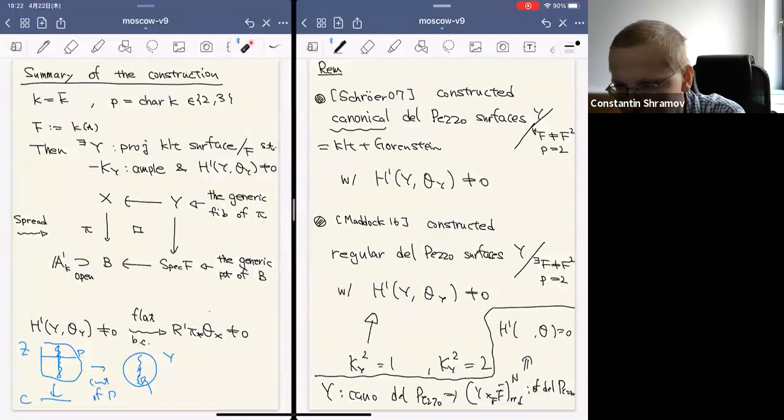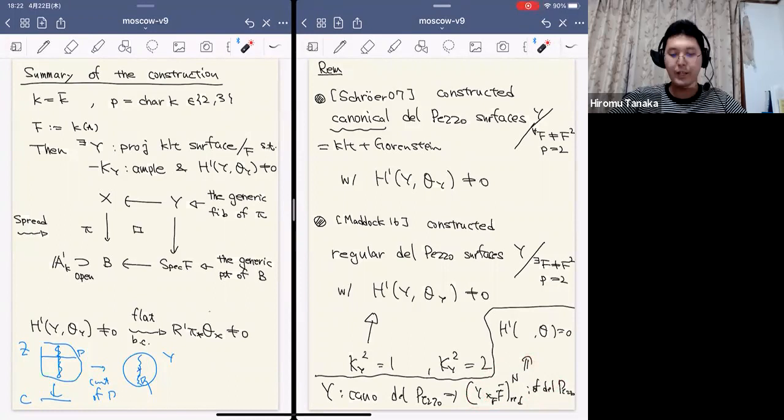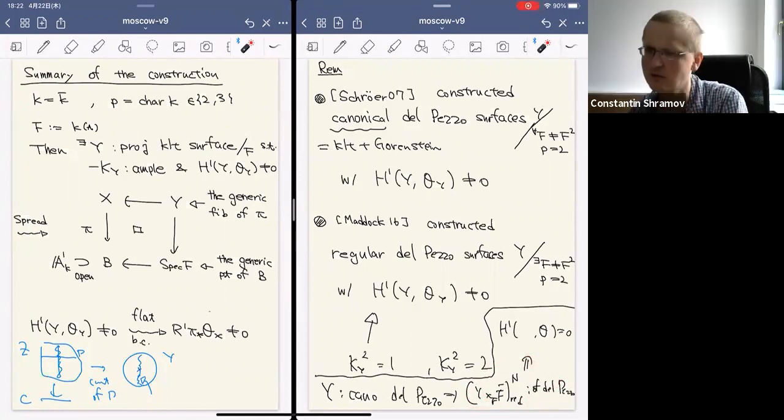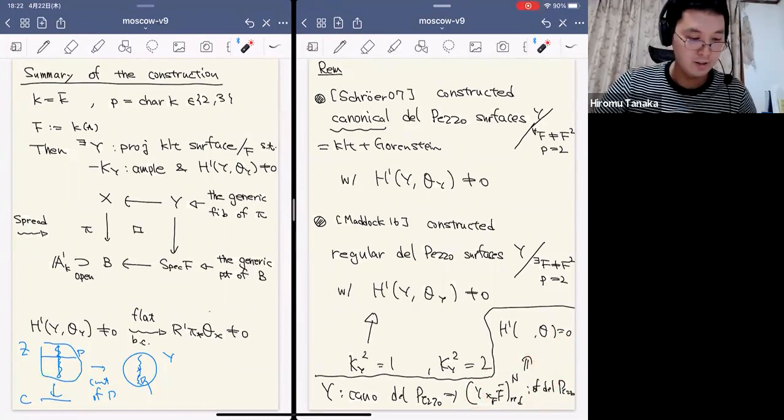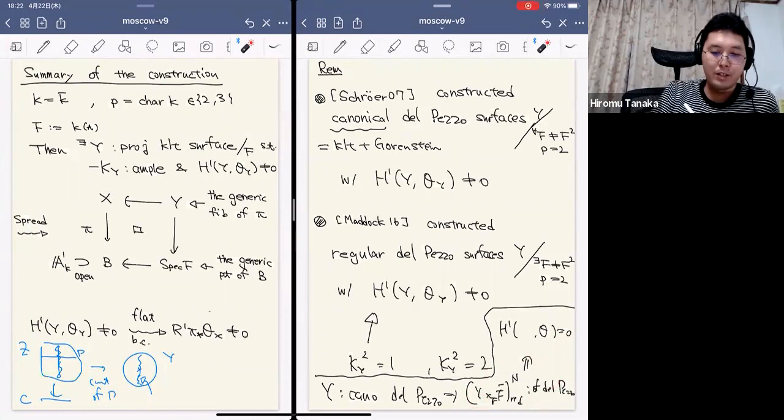Because if they were geometrically normal, then after this base change you would need no reduction and no normalization, and then it must vanish. All cohomology groups will be the same. Yes, exactly. So there's a chance to find such an example for the log case, but for the canonical case it's impossible to find. Thank you.